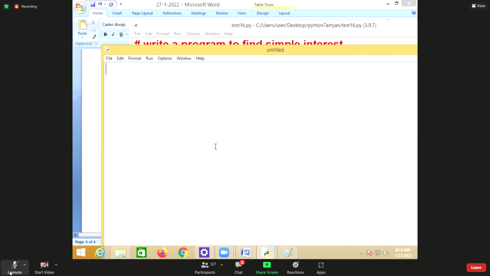For example, you are developing an ATM application. Within the ATM, you have to enter the amount in multiples of 100 or 500, because the ATM contains 100 rupee notes, 500 rupee notes or 200 rupee notes.